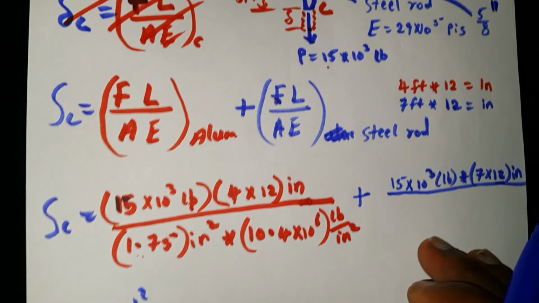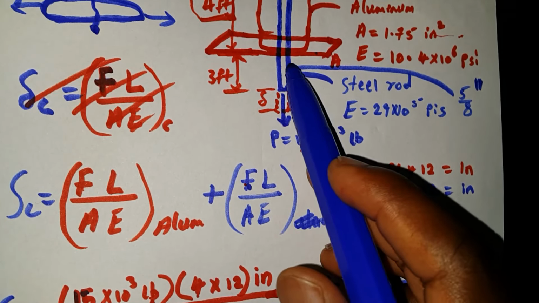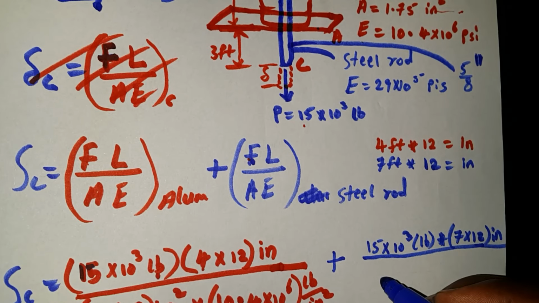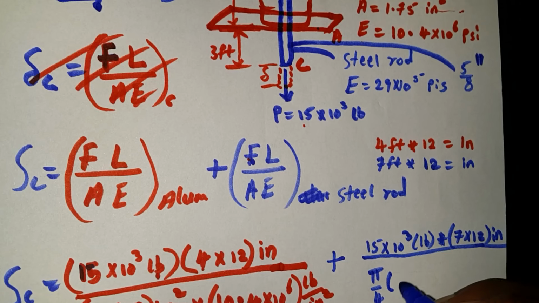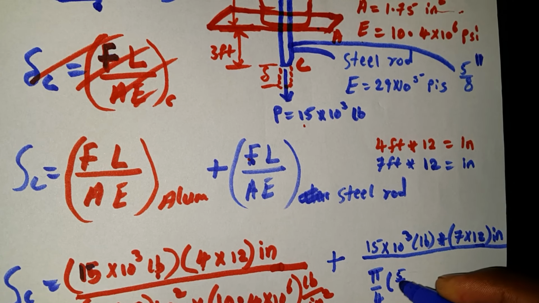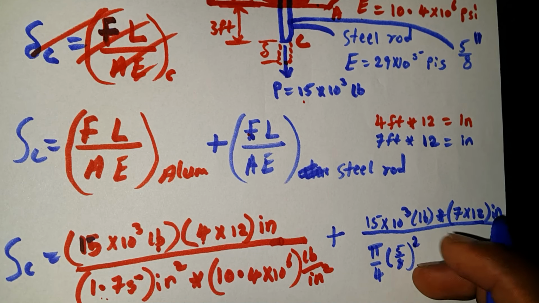So here we will put the values: pi over 4, the diameter is 5/8, to the 2, in inch squared.